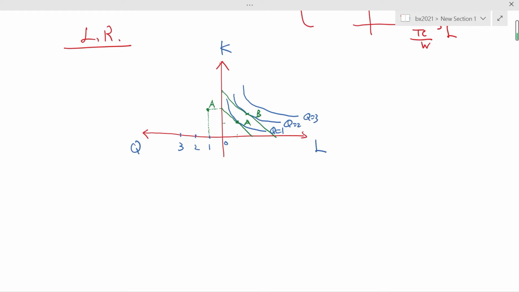So I'm going to go from quantity 2 up and get the intercept here. So that's point B.